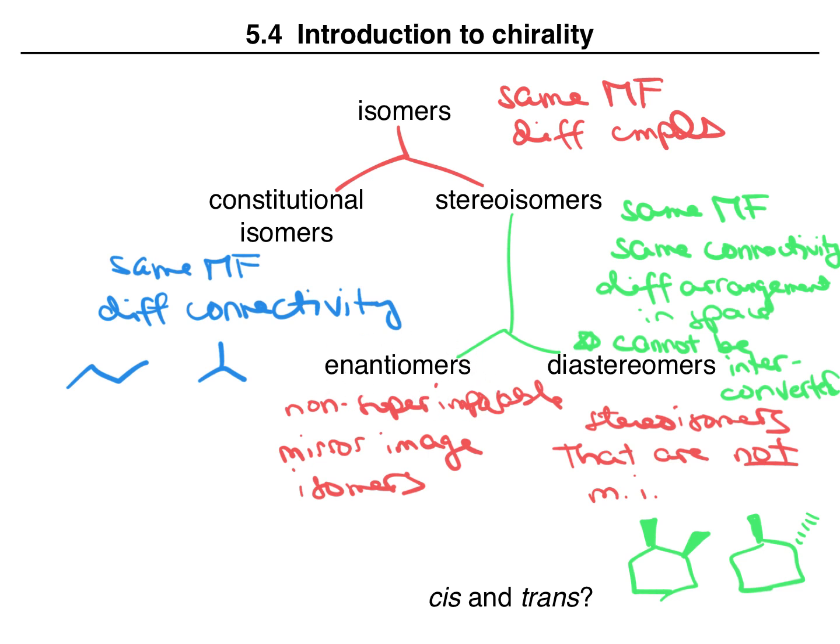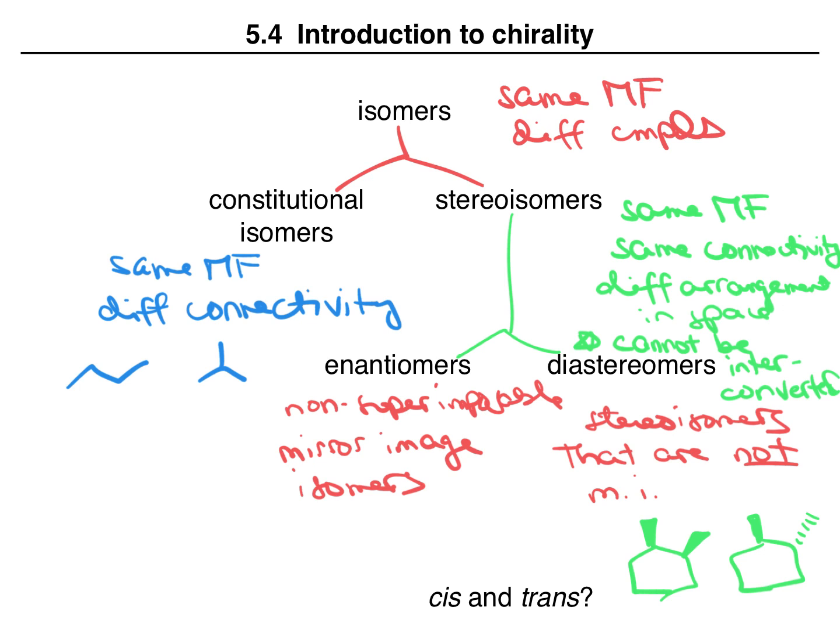If we have something that's the same molecular formula, same connectivity, different arrangement in space, but they're not mirror images, those are diastereomers. So looking at the cis and trans, these are not mirror images of each other, so cis-trans would fall under the category of diastereomers. We are going to see some other types of diastereomers within this chapter.